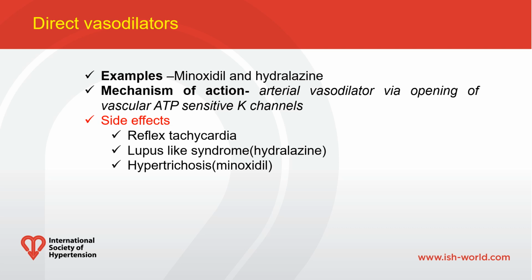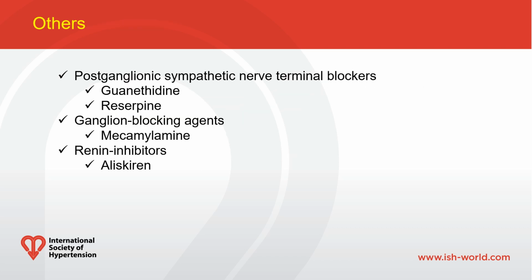Then the other side effect is lupus-like syndrome, especially with hydralazine. Then we have hypertrichosis, which is specific for minoxidil. You have hair growth everywhere, especially in areas where you should not have hair.